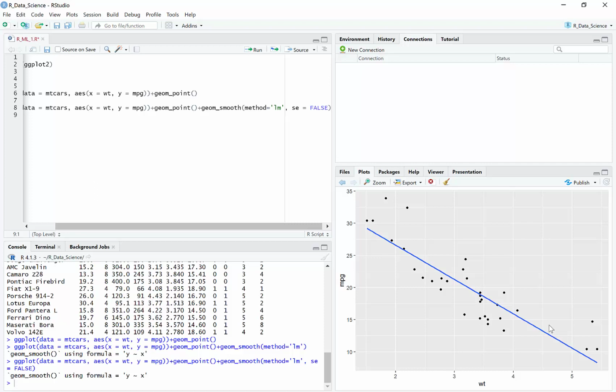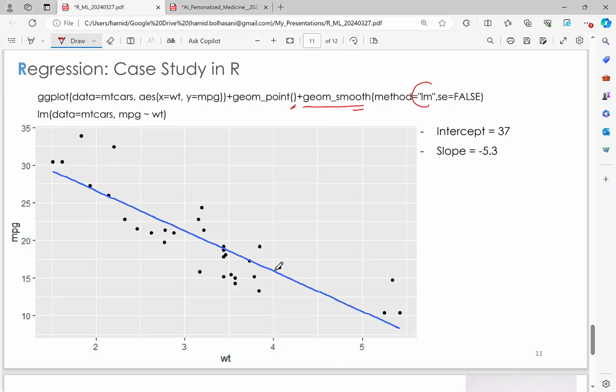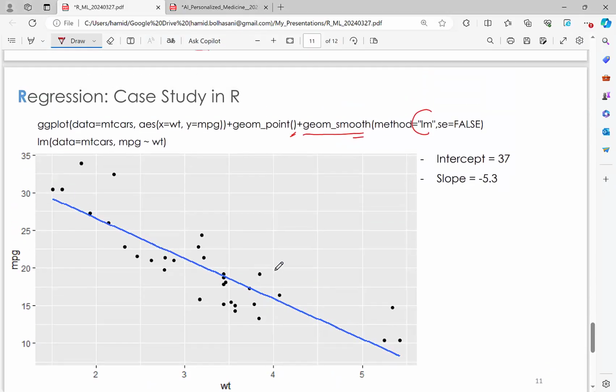For example, we want to predict, if the weight of a car is here, which we don't have in our observed data, what the predicted miles per gallon value is. We can find it. So how can we find the formula, with these two important parameters, intercept and slope?